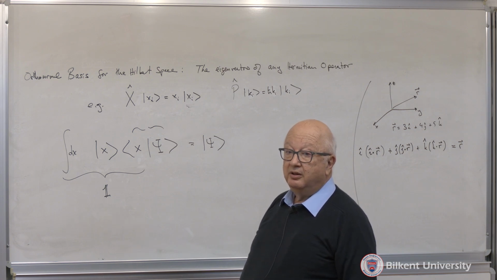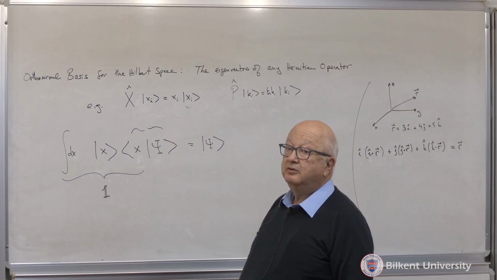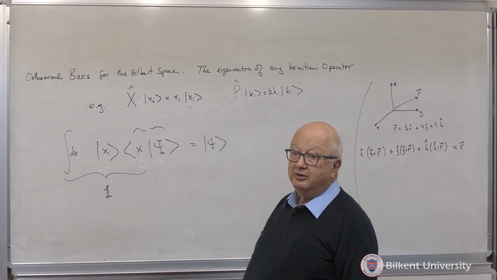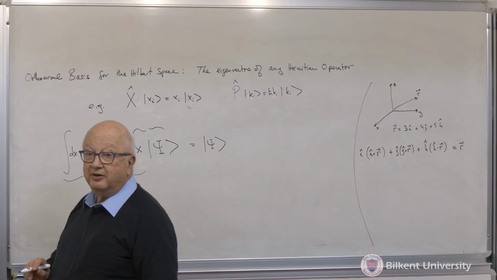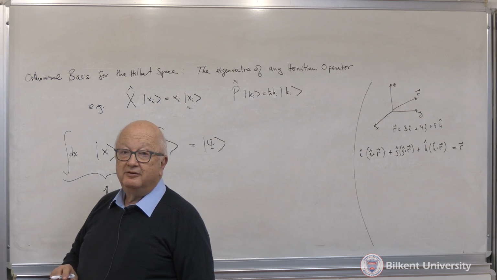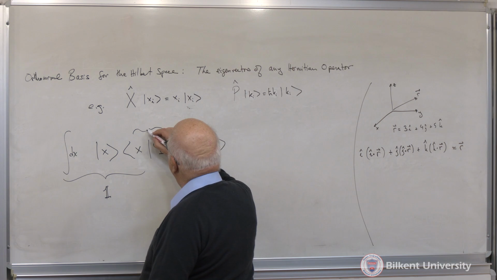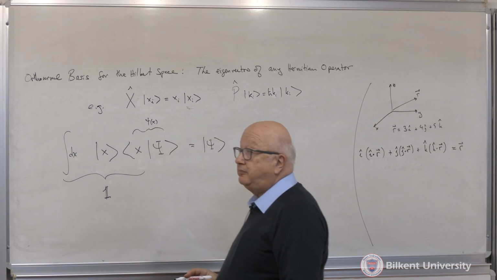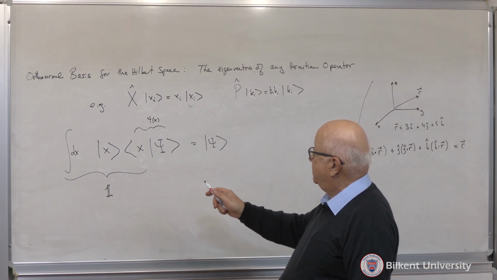It is the projection of psi into that. So what is the x component of this vector? A number. Psi of x, right? So this is just small psi of x.